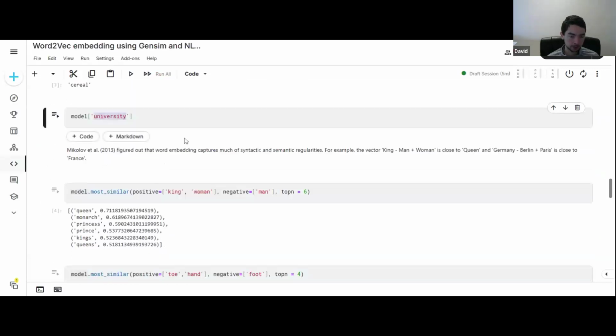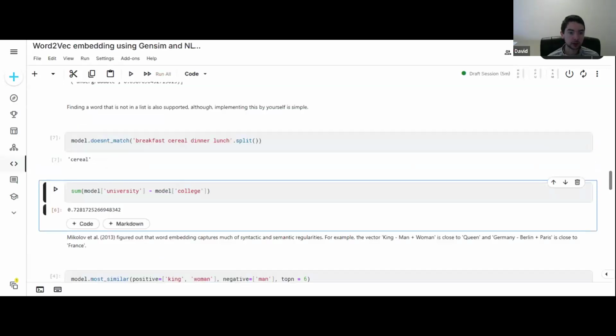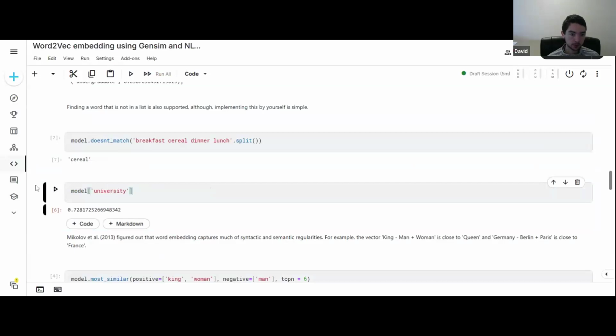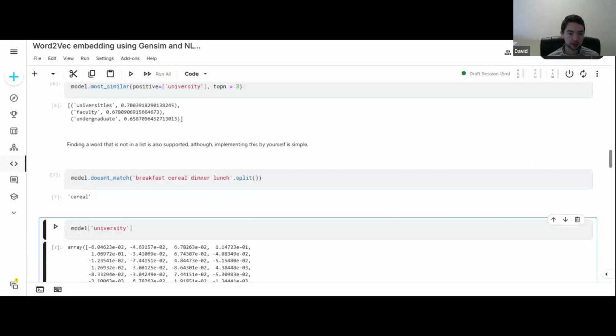So, for example, let's see, can we do that? Yeah, so we can see that. Well, actually, first, let's just run this with university so you can see it's a 300 length vector.